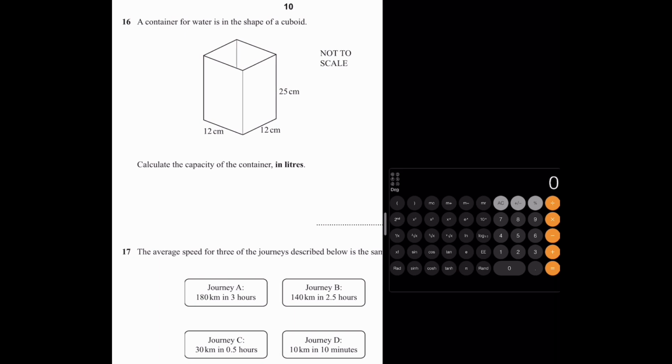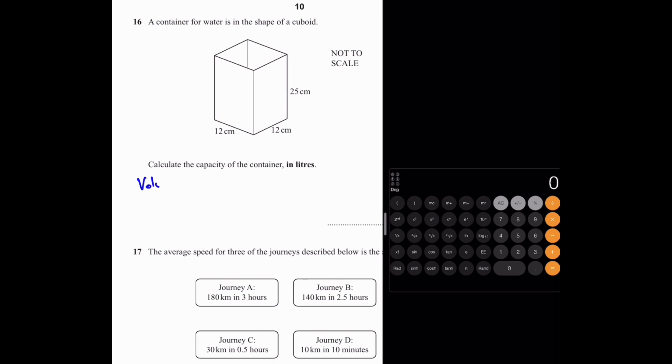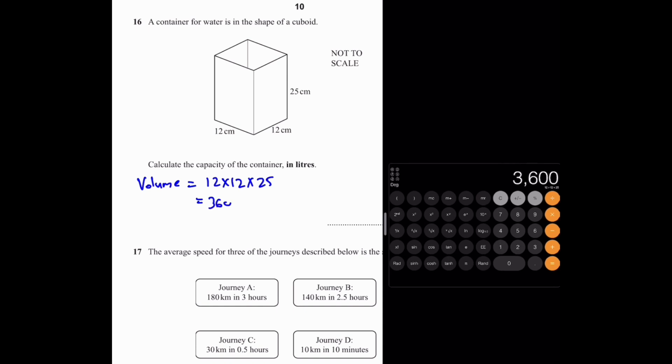Question 16. A container for water is in the shape of a cuboid. Calculate the capacity of the container in liters. So let's find the volume. That's equal to 12 into 12 into 25. And let's do that. That's equal to 3,600 centimeters cubed.